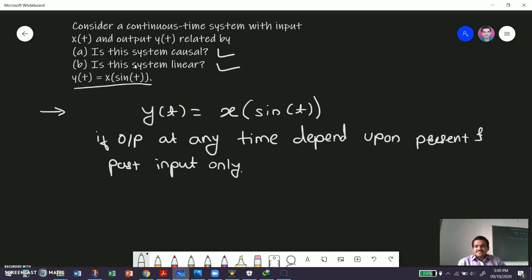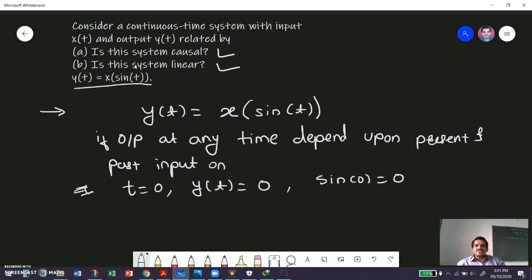Let us find out the value of y of t at t equal to 0. When you put t equal to 0, sine of 0 is equal to 0, so y of 0 is equal to x of 0.